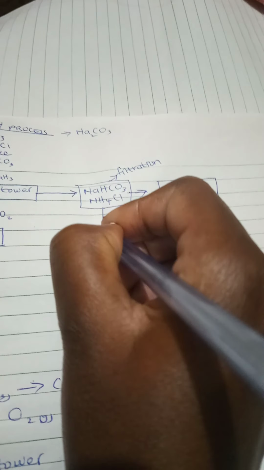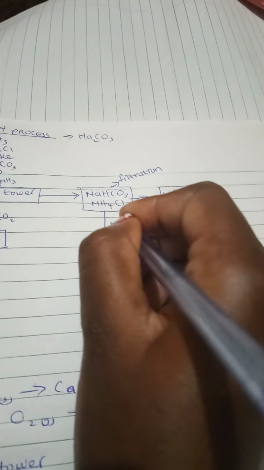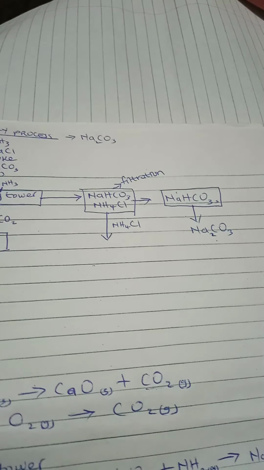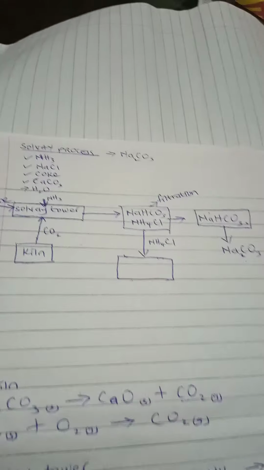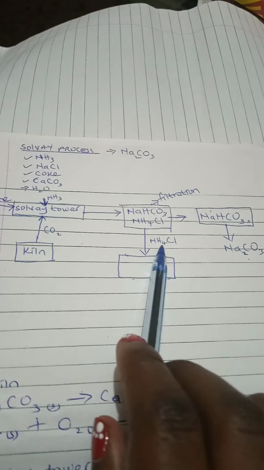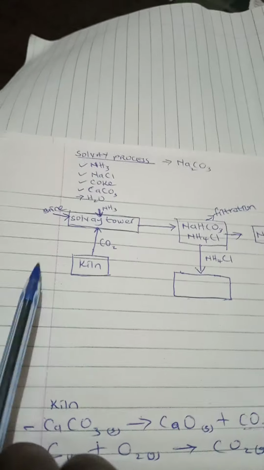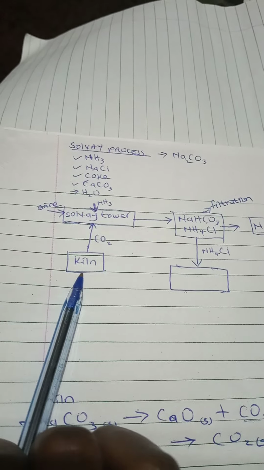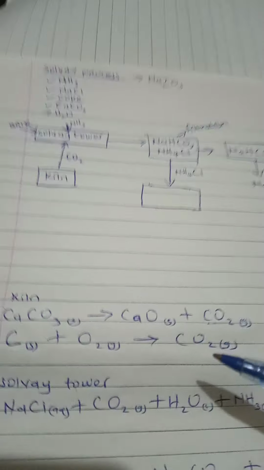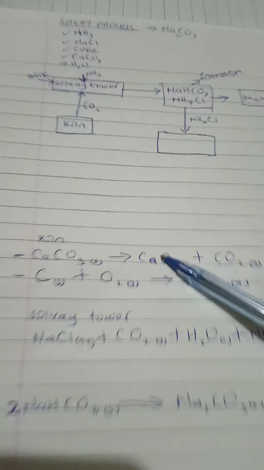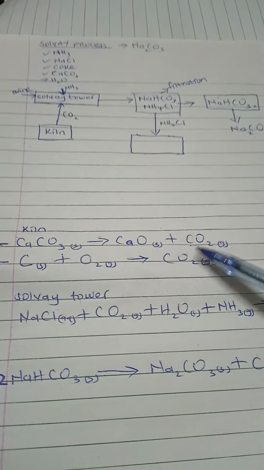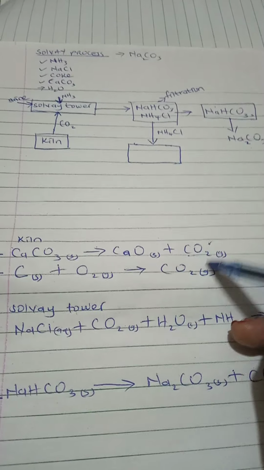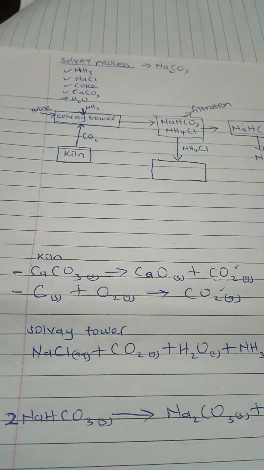Now we go back to ammonium chloride. We have the ammonium chloride, which will be the filtrate. Now we have another chamber here, and this ammonium chloride will be brought there. Then let me also talk about the kiln. If we go back to the equations, we have this product in the kiln. We have the calcium oxide, we have the carbon dioxide, and the other one. These ones were used. Now what about the calcium oxide here?